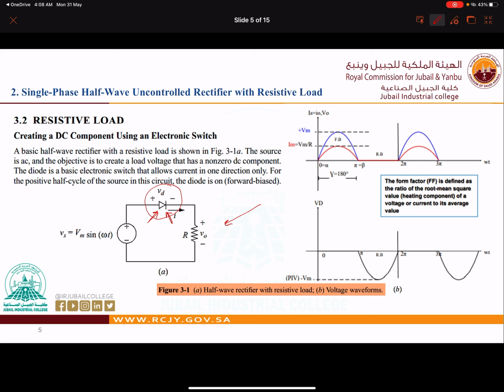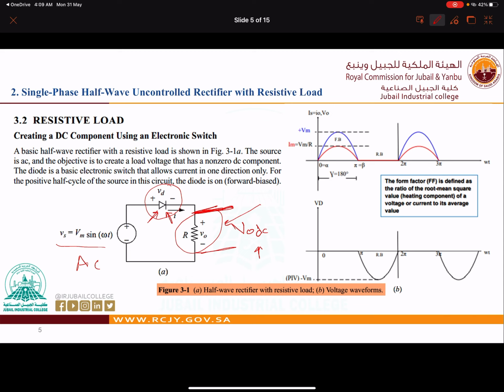Anode is always positive, cathode is always negative. Then we will have our resistive load, for the first case. Then this is the V out. Here we can take the output voltage, and it will be DC. This is AC, and here we have DC output across the resistor, of course.